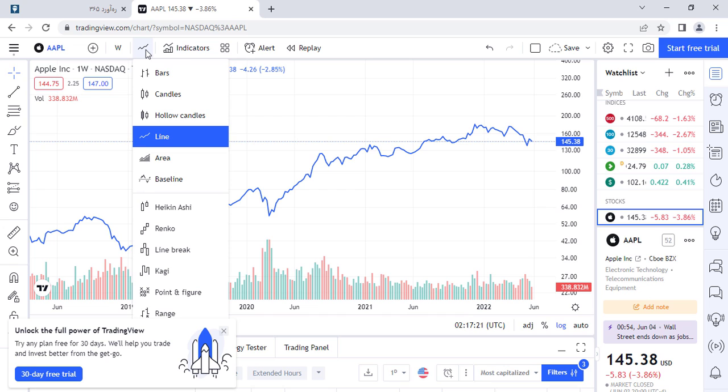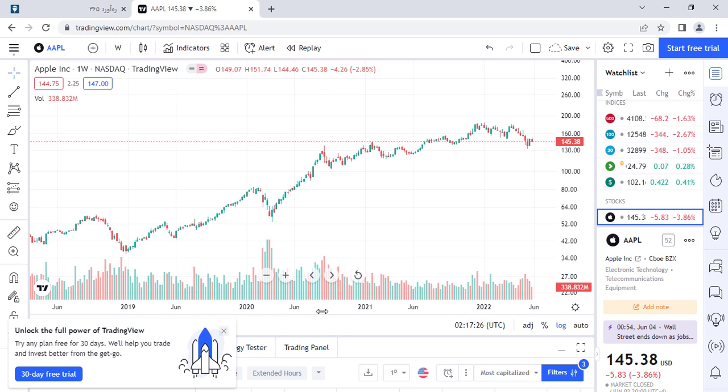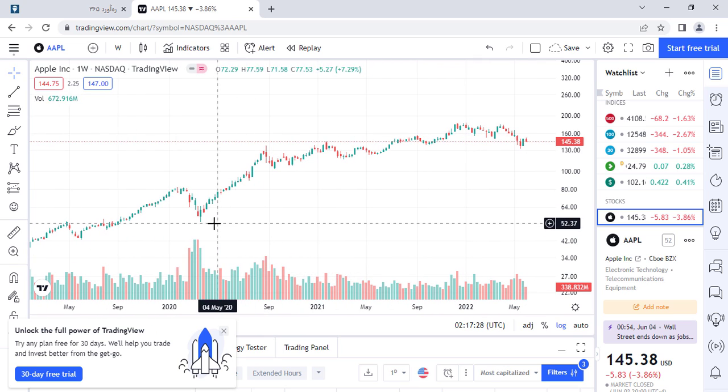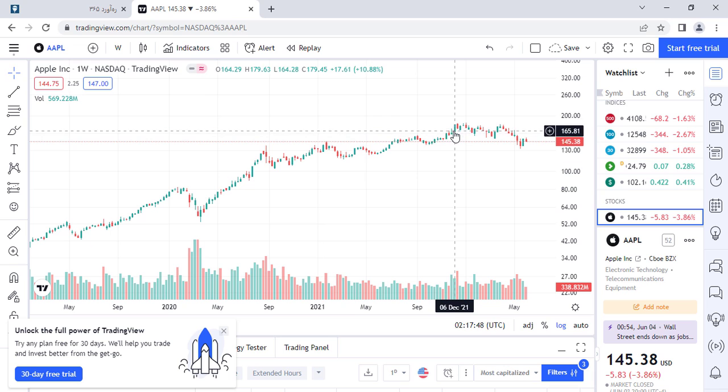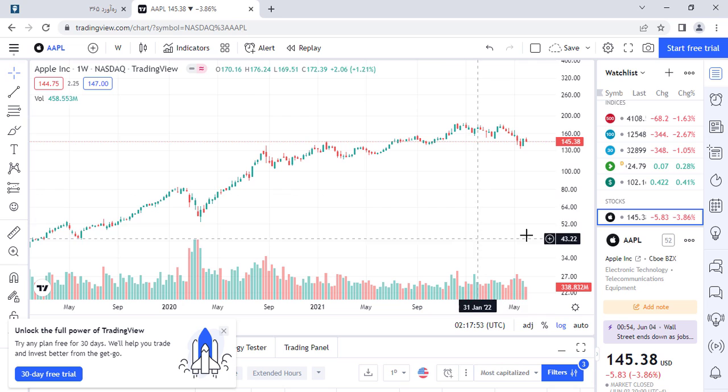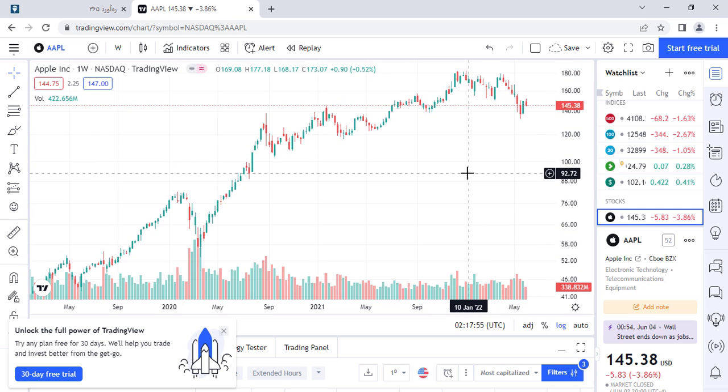And another type of chart is the candle chart. This type of chart has good detail, has enough details for us to find out how powerful a price movement is. For example, this bullish candle, this increasing candle, is a powerful candle.